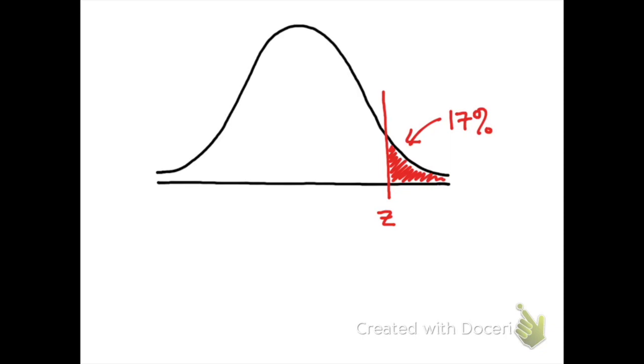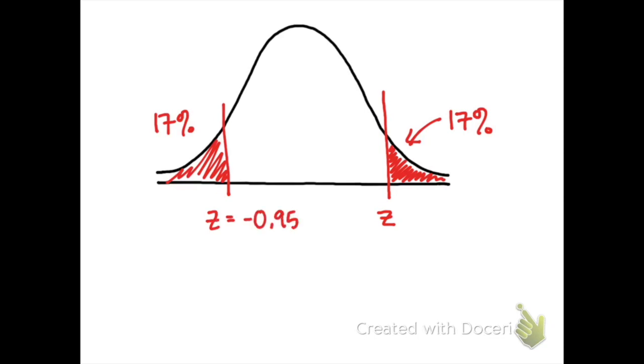If we look at our picture though, we know that this cannot have a negative z-score because this z-score is clearly on the right side of the mean. The z-score that we just found is if we were to have 17% to the left, then that would be a z-score of negative 0.95.